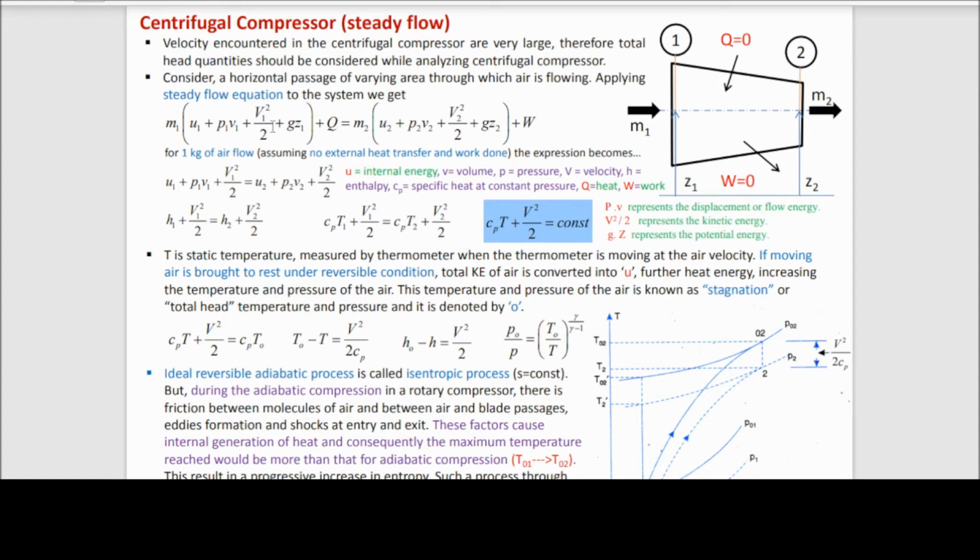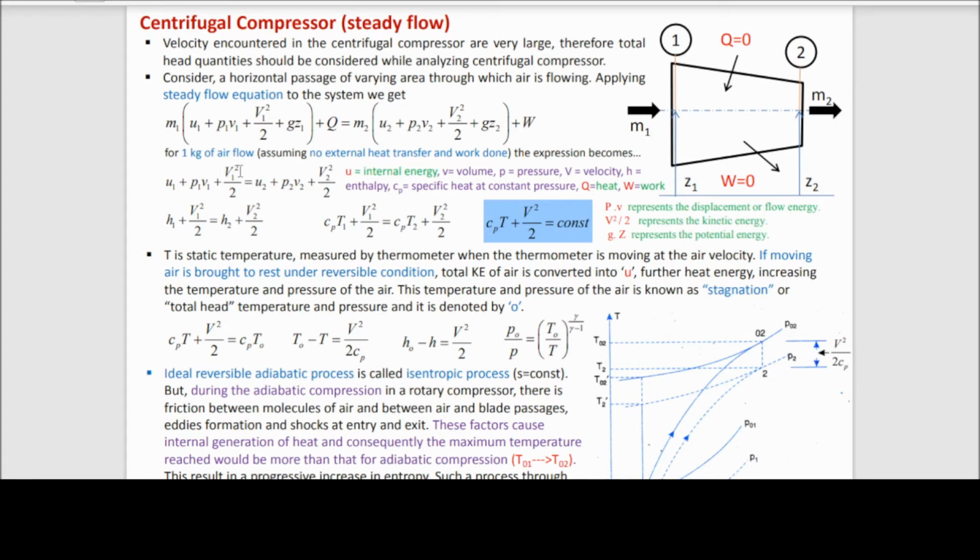Work in was on the left side, that was a positive thing, and here in general they have taken it as W. Here this W means minus of W out, so they have taken it on the rightmost side. This is actually work that is given in, and this is the Q that is given in, both are 0 here.